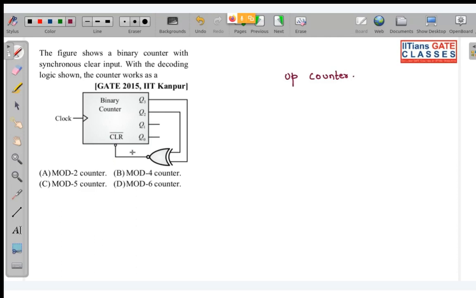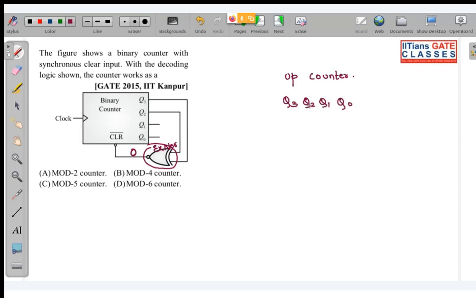This is your XNOR gate. XNOR gate output is 0 when both the inputs are different. So Q3, Q2, Q1, Q0.